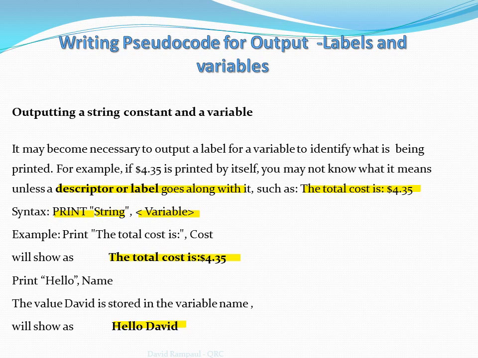This will show the total cost is $4.35. If I print "hello" in double quotes followed by name, and if the value David is stored in the variable name, this will show hello David. Let's go on to the next one.